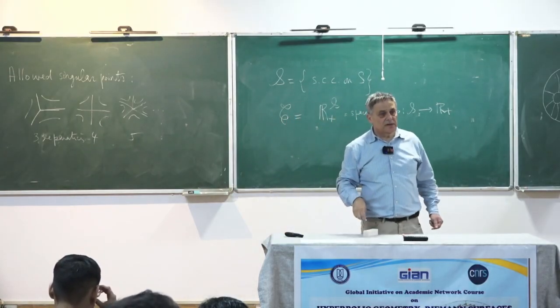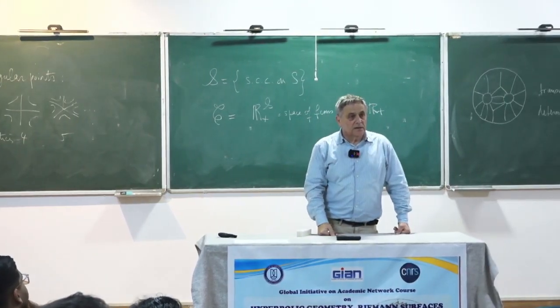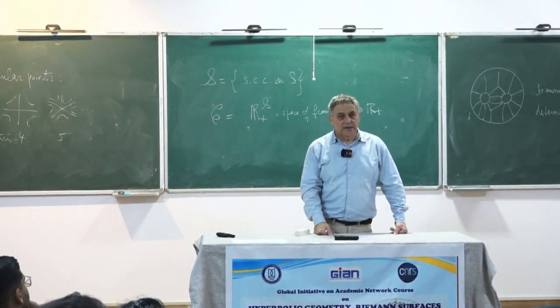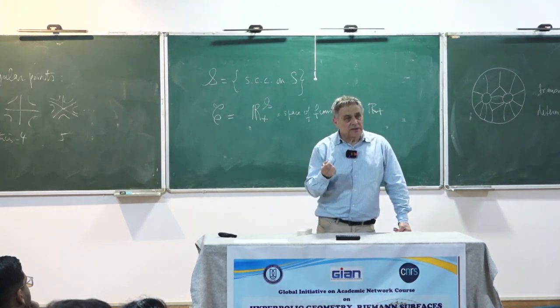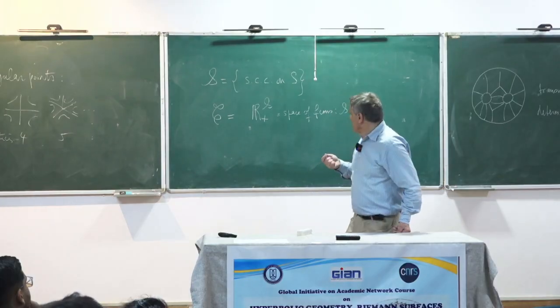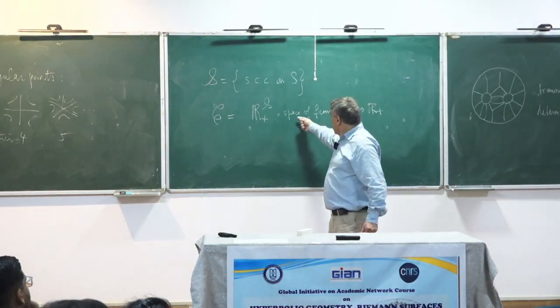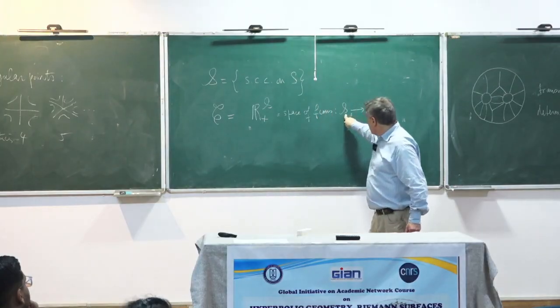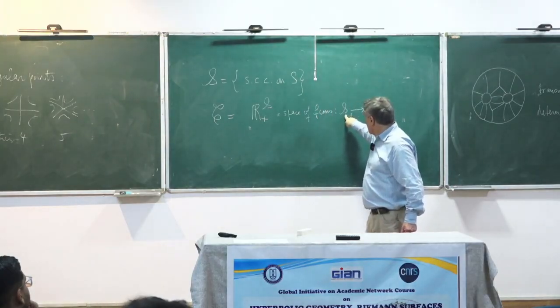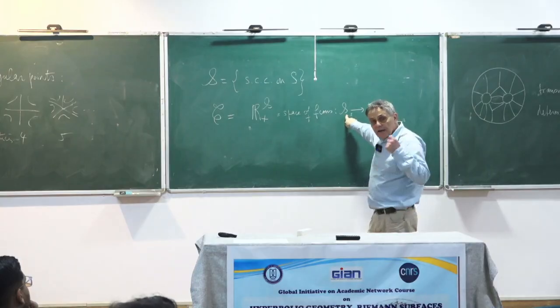Do you understand this? I mean, I tried to explain this today, that any hyperbolic structure, any element of Teichmüller space gives me a function on the homotopy class of simple closed curve. This is the length function.